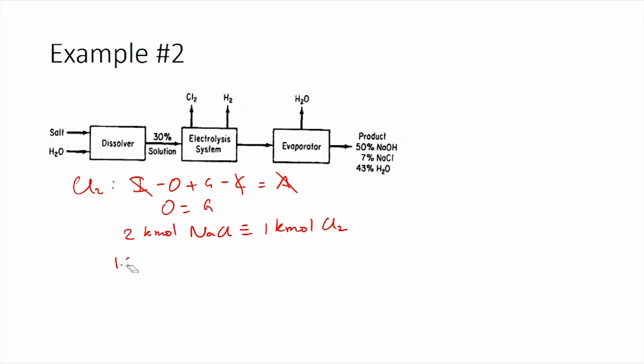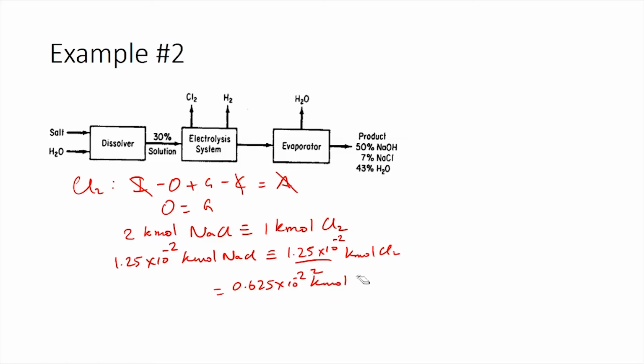This would mean 1.25 times 10 power minus 2 kilomoles of NaCl consumed would result in the formation of 1.25 times 10 power minus 2 divided by 2 kilomoles of chlorine, which is 0.625 times 10 power minus 2 kilomoles of chlorine.